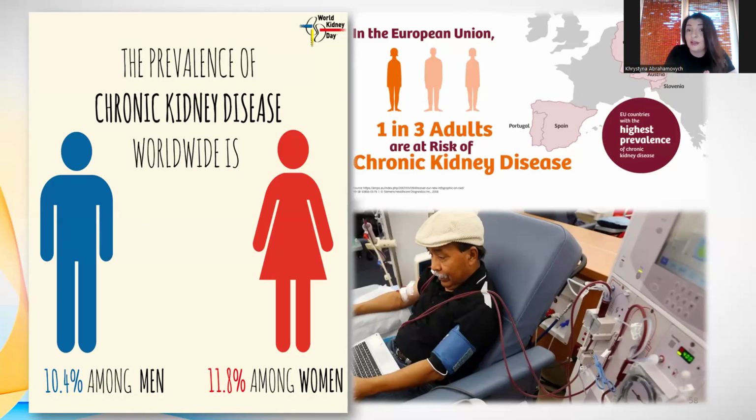And 1 in 3 adults are at risk of chronic kidney disease. And if your patient is already treated with hemodialysis or peritoneal dialysis, it reduces the quality of life of the patient. And this is a big problem, for the patient and for the government.